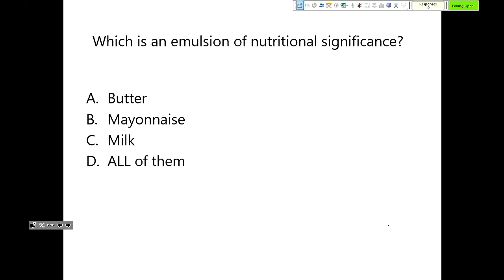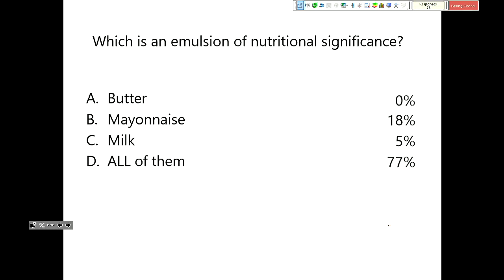Which is an emulsion of nutritional significance? The answer is all of them, right?